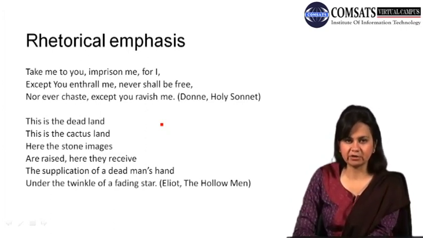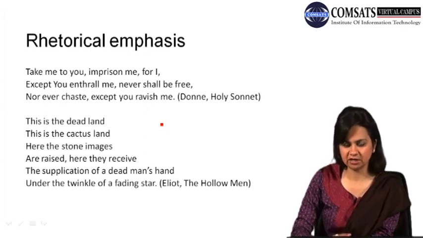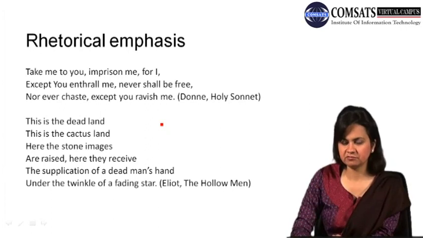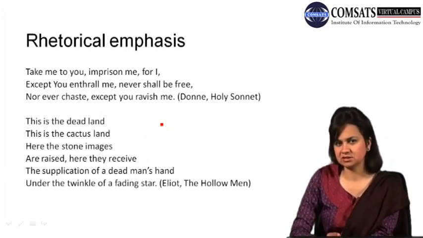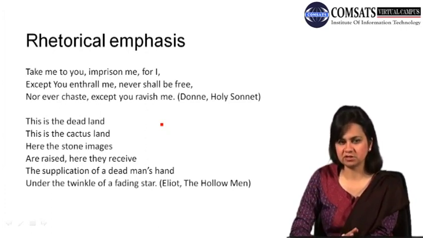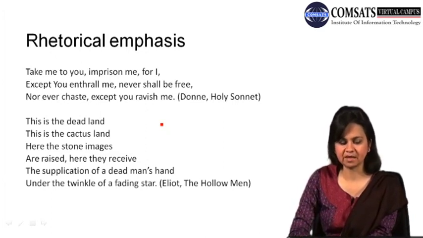So rhetorical emphasis is where the writer wishes the reader to focus his attention. So gradually, by the idea of taking somebody, imprisoning somebody, captivating somebody, freeing somebody and ravishing somebody and chastising somebody, how it is revealed with the help of the gradual building up of the thought and connection of a thought with what had been previously commented upon.